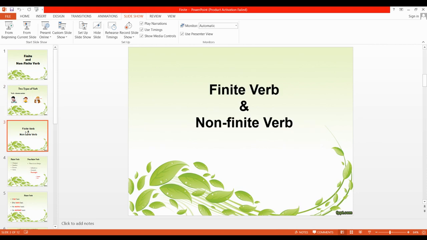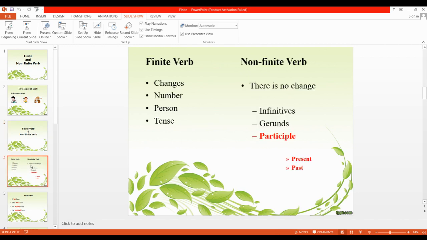So here we are having two types of verb. First one is finite verb and next one is non-finite verb. So what is finite verb? Finite verb means changing the verb. The verb is changing according to the number, according to the person, or according to the tense.